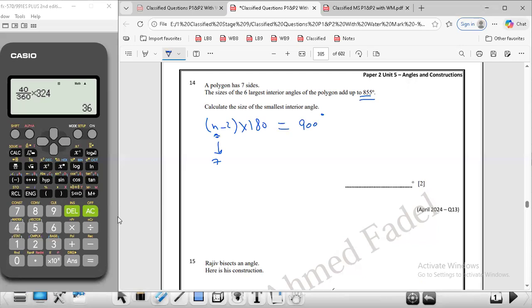They told you that six of the angles add up to what? 855. So the seventh angle is going to be what? 900 minus 855 equals 45 degrees. 45 degrees.